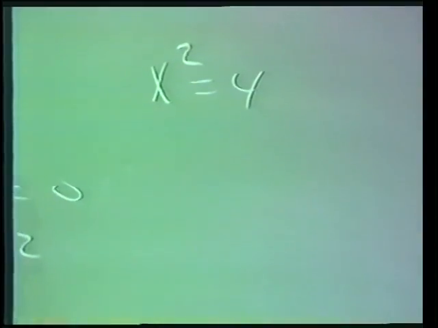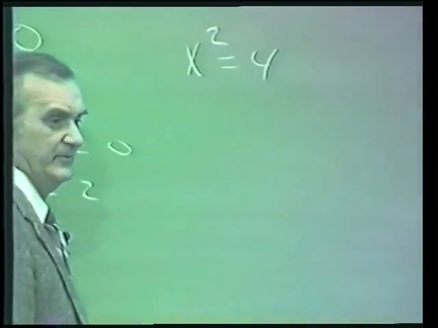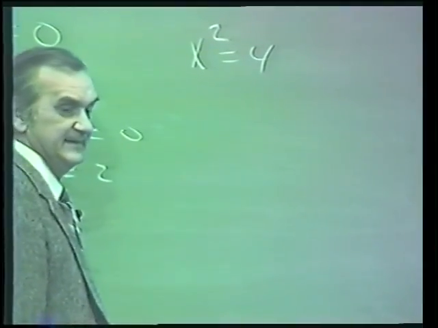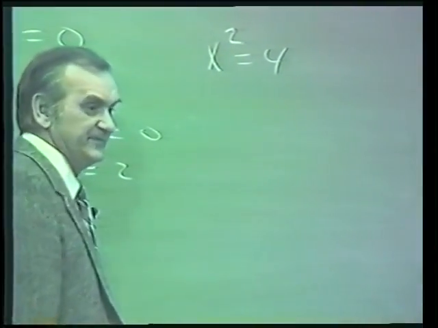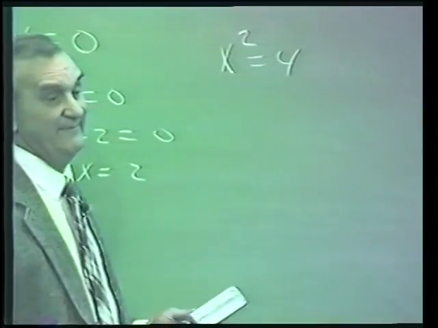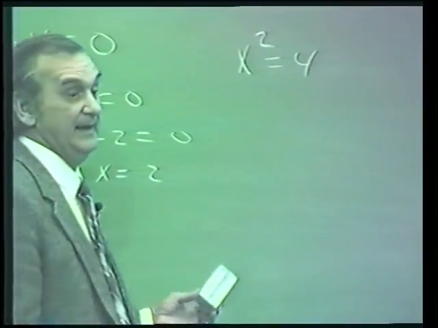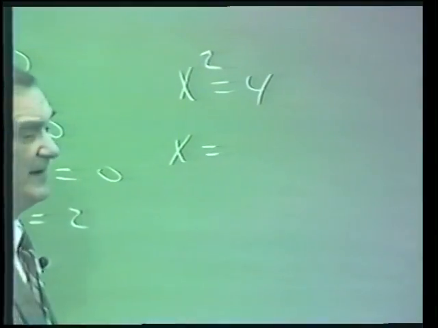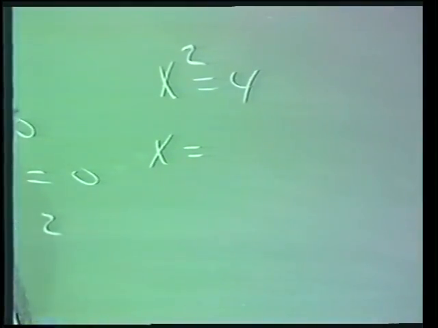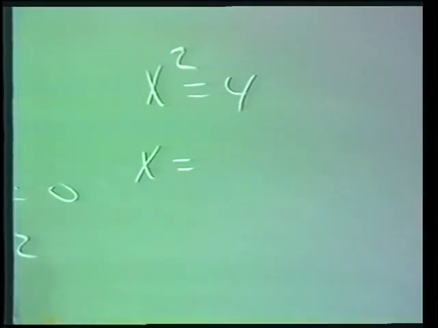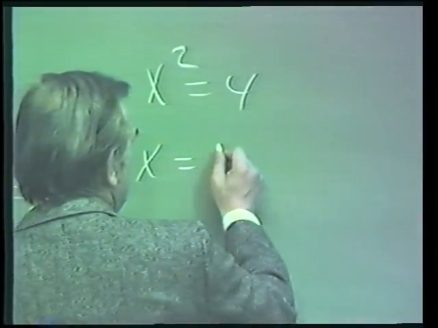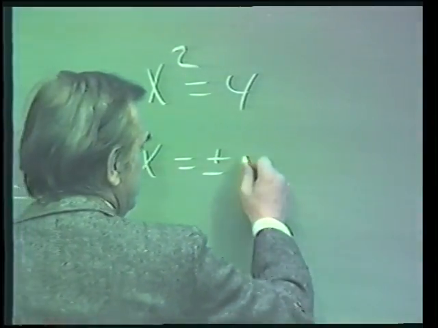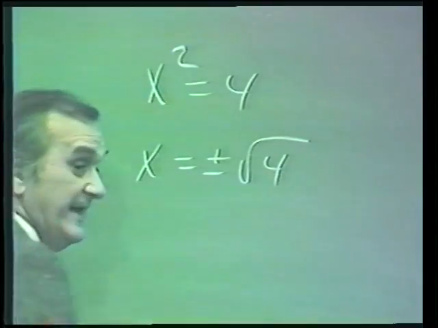So what we're going to do is take the square root of both sides. The square root of x squared would be x. The square root of 4 would be 2. What you get when you take the square root, always, you get plus or minus the square root of that number.